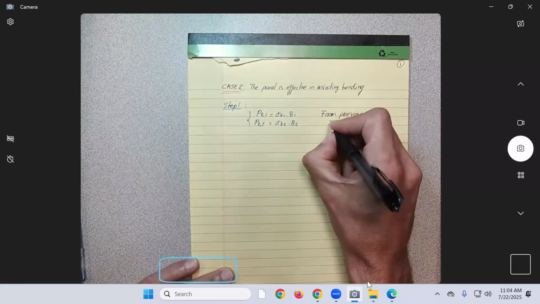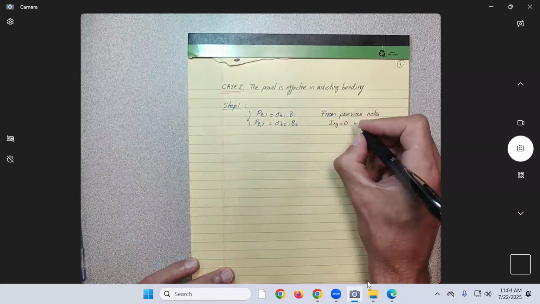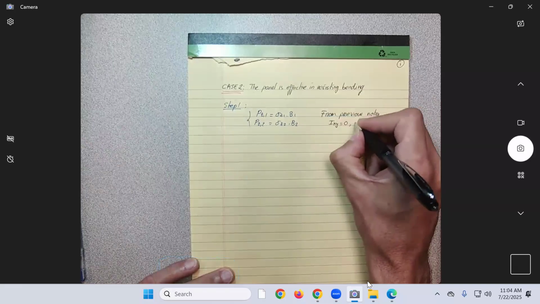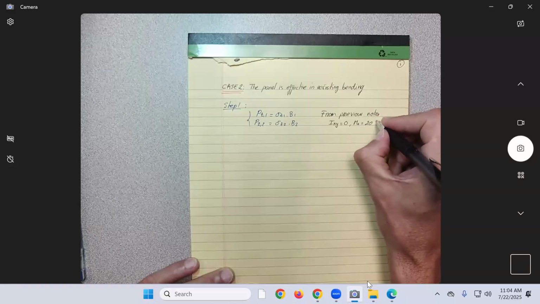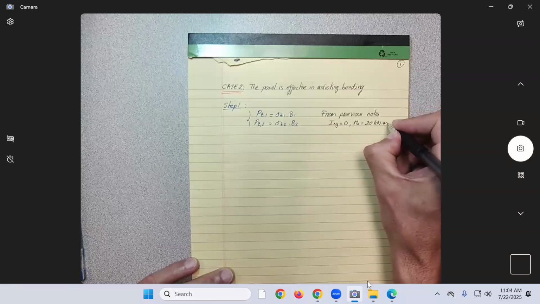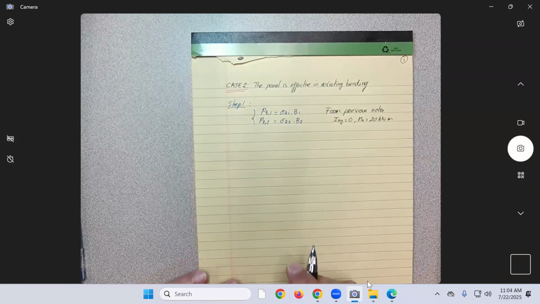we found that IXY was equal to 0. MX equal to 20 kilonewton meters. And I don't have it with me. Then we'll see what happened with IXX.